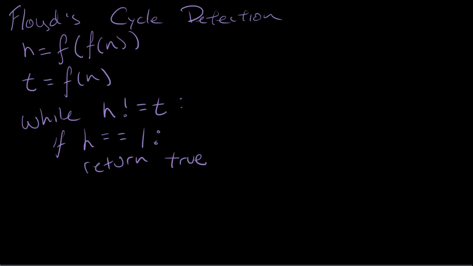And then we'll just take our steps. So the hare will be equal to f of n because we're taking a step. And we can check.